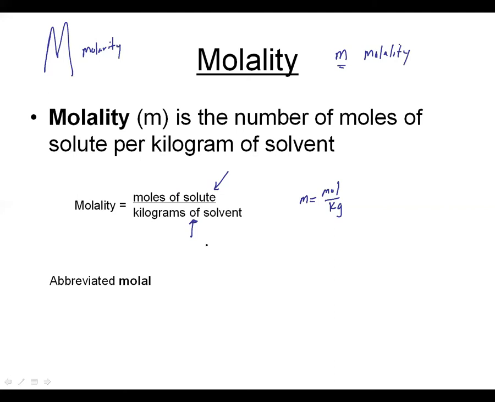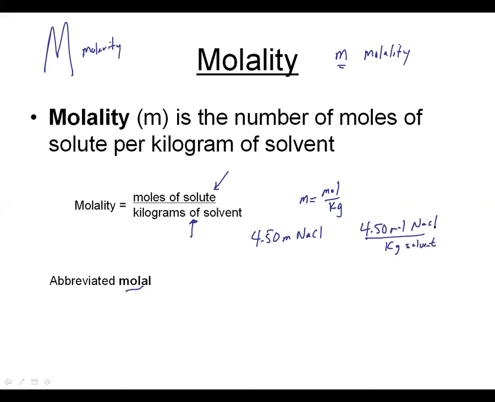Just like molarity is molar, this is sometimes referred to as molal. So if you had a 4.5 little m sodium chloride solution, what that means is you have 4.5 moles of sodium chloride in a kilogram of solvent, like water or something like that.